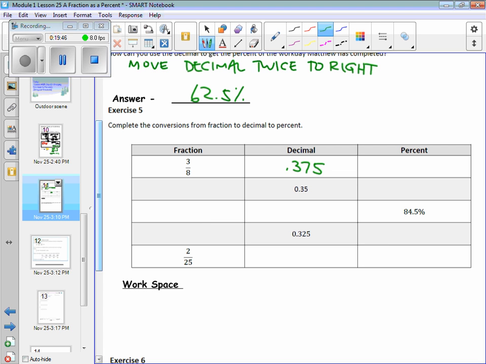To change any decimal to a percent, we move the decimal twice to the right, drop the rock, as I like to say, and that's 37.5%. For 35 or 0.35, move the decimal twice to the right, drop the rock. 35%.